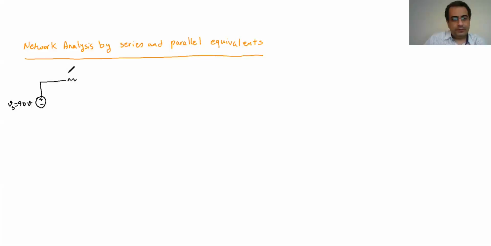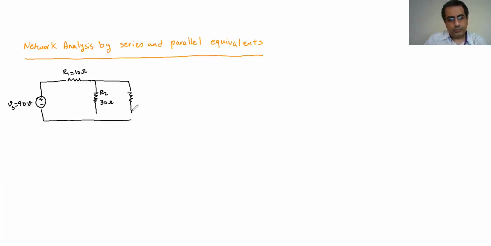So we have R1 here, 10 ohm, and then we have R2 here, which is 30 ohm, and then we have R3, which is 60 ohm.